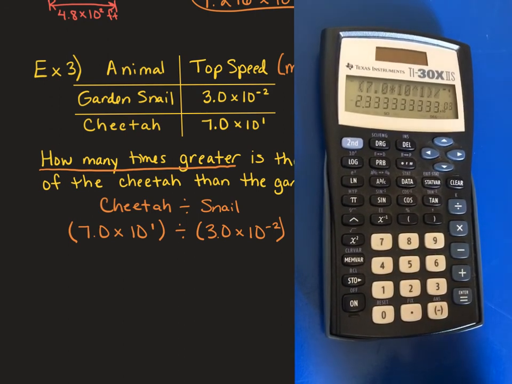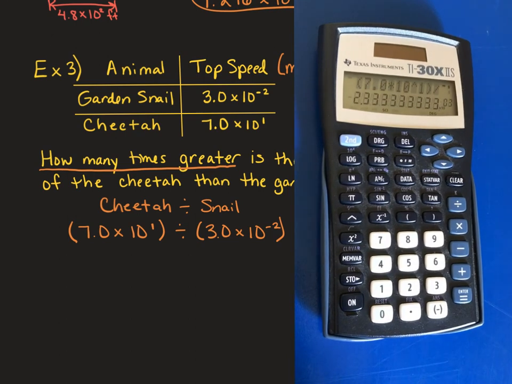Notice that it comes out to 2.3 repeating times 10 to the 3rd power. And we can write that in our answer. Usually you won't see a repeating decimal in an answer, but this one does. That's okay. We get 2.3 repeating times 10 to the 3rd power. So that's the number of times greater the cheetah is as far as its speed than the garden snail.